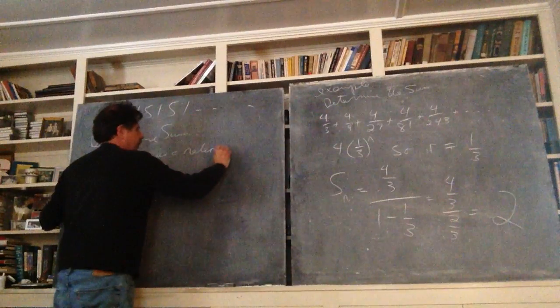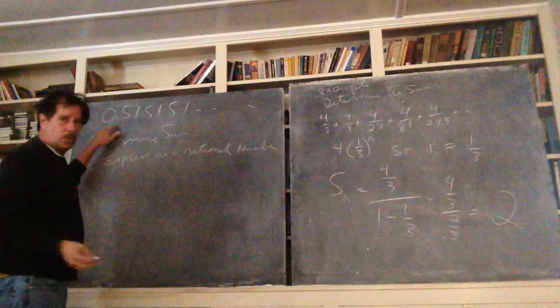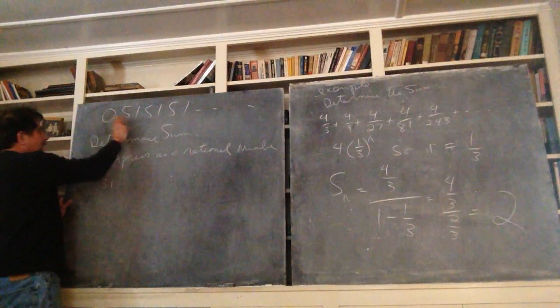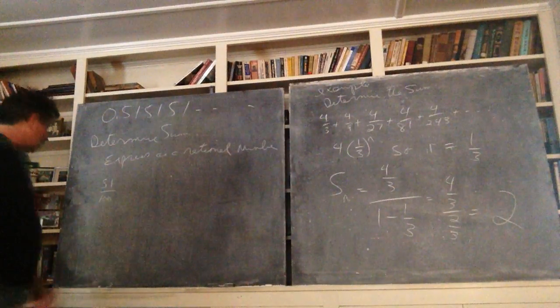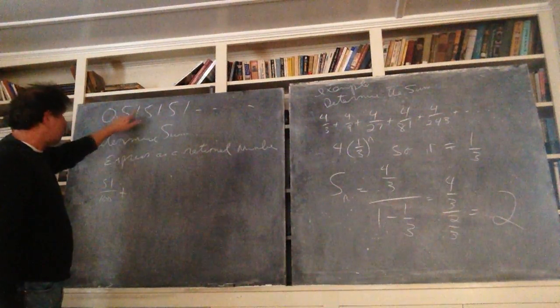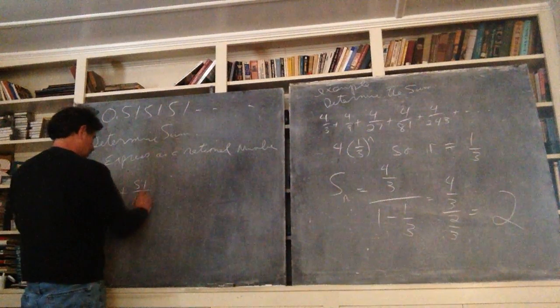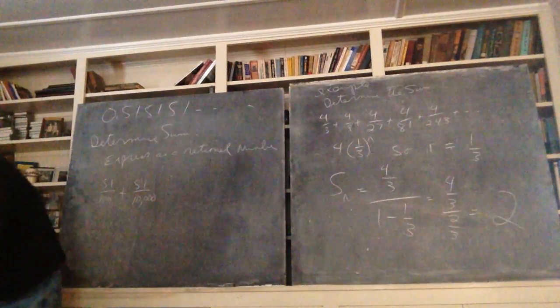So what we have here is 51 hundredths, plus 0.0051, which is 51 ten-thousandths.